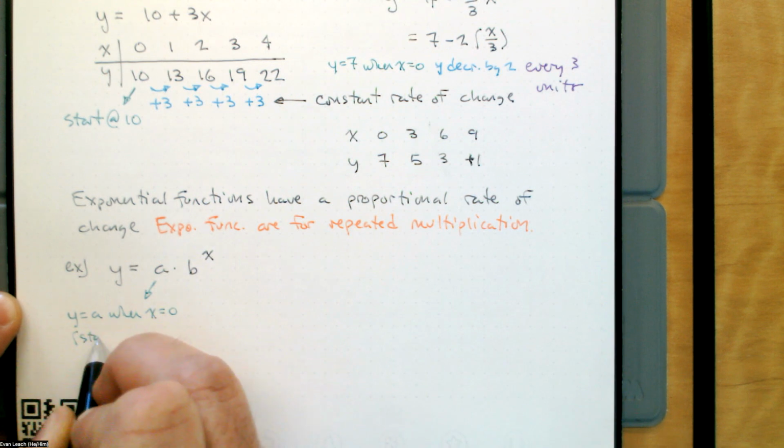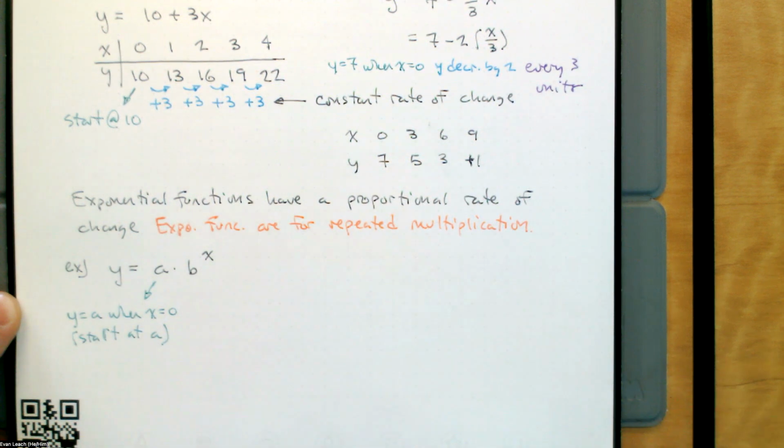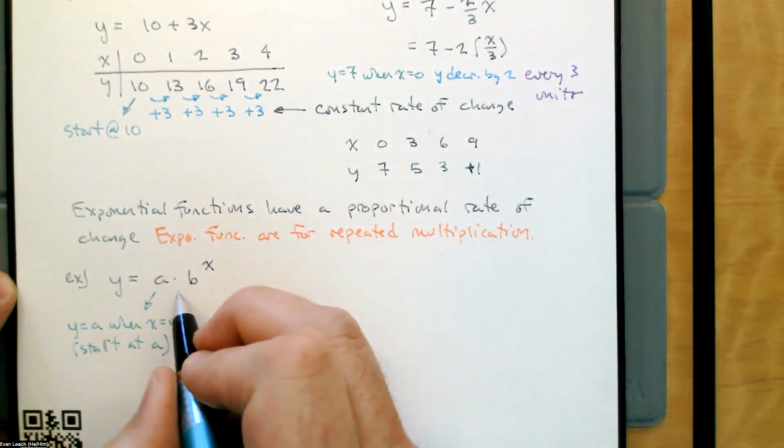That is, starts at a. And now instead of just stating how much increase we have, how much we're adding, we're using a different operation. We're going to multiply by b. That's the next thing we say in the equation anyway. Multiply by b.